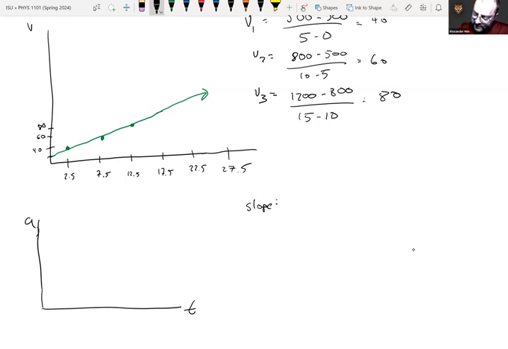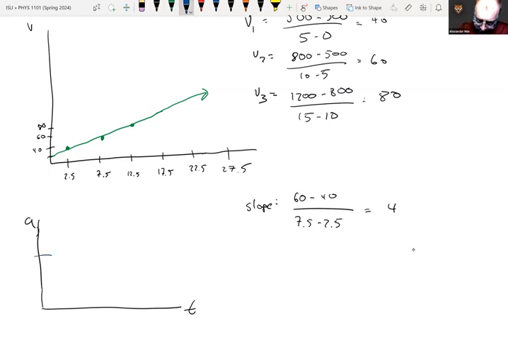So we have 60 minus 40 for the rise, just using those first 2 points, over 7.5 minus 2.5, which would be 20 over 5, which would be 4. So basically, the acceleration is always going to be 4 because the slope is constant for this one.